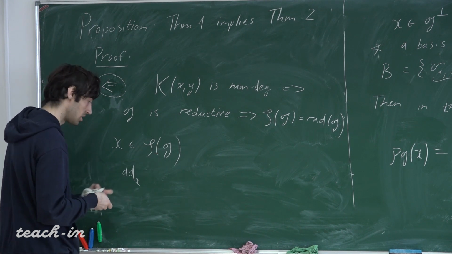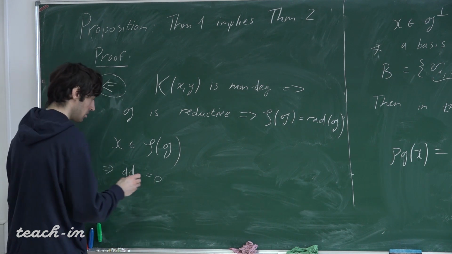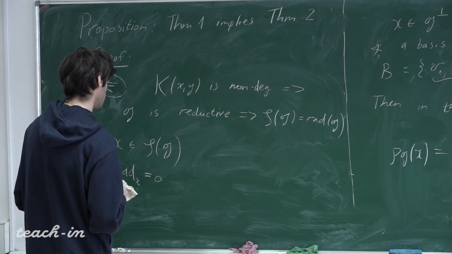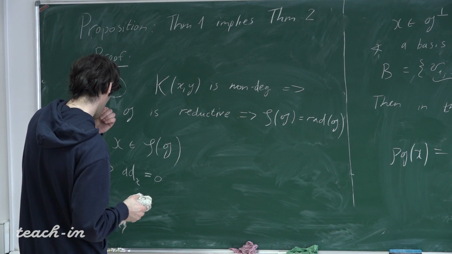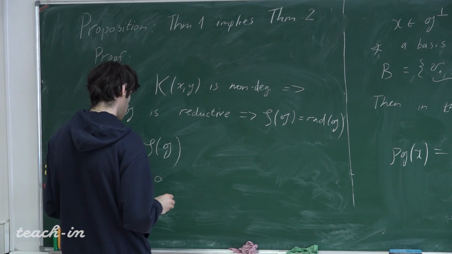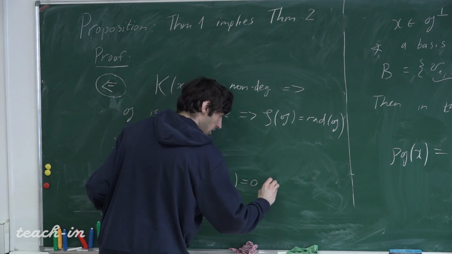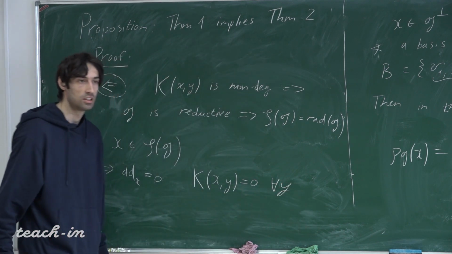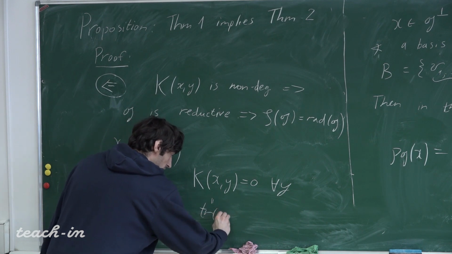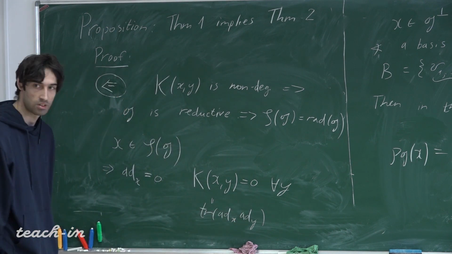So this is just the 0 matrix. Right. So therefore, K of x and y is 0 for every y, right? Well, because this is a trace, ad x, ad y. This is 0.